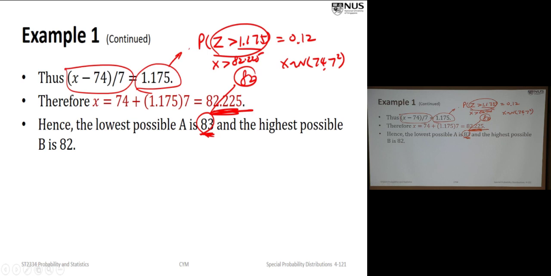This random variable x greater than 82.225 is the same as saying that it is 1.175 standard deviations above the mean, because the standard deviation is 7 and the mean is 74. So you have to take this and convert it to 82.225. All right.